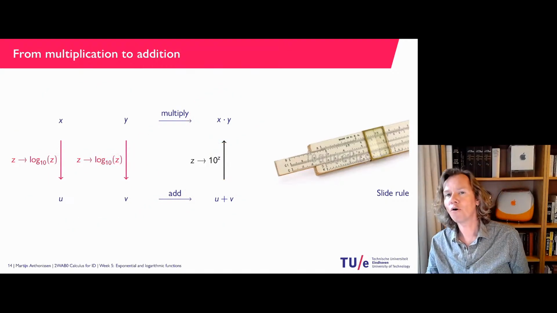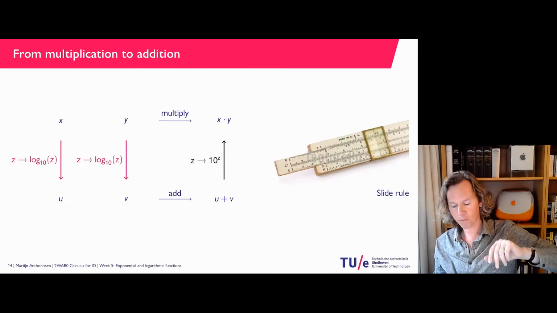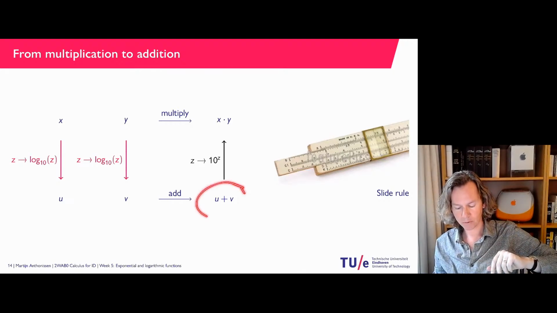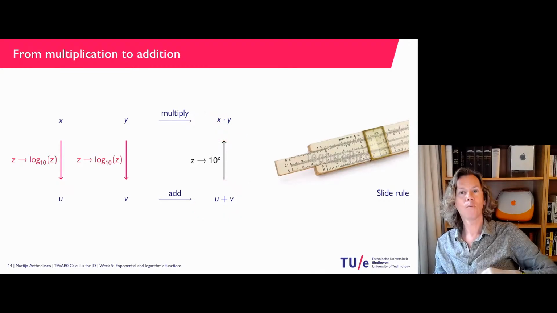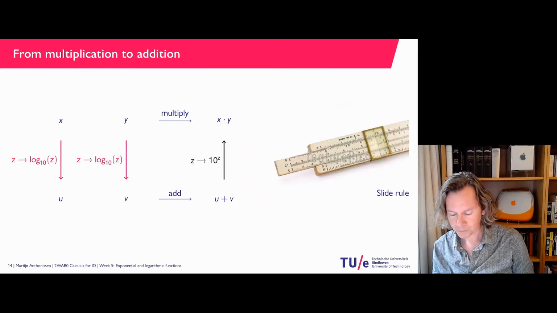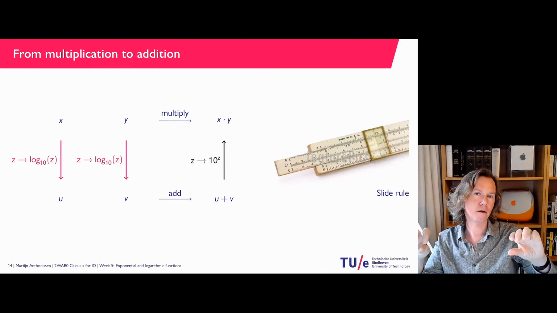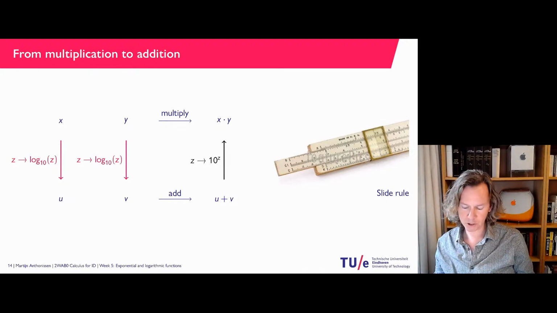So how can you go from a number to its logarithm or from a logarithm down here to the number? Well, that's what people used slide rules for in the past. So maybe you've seen these things here. This is a slide rule. And you can move the middle part there. Basically, at one of these entries, say at the top one, you can choose a number.